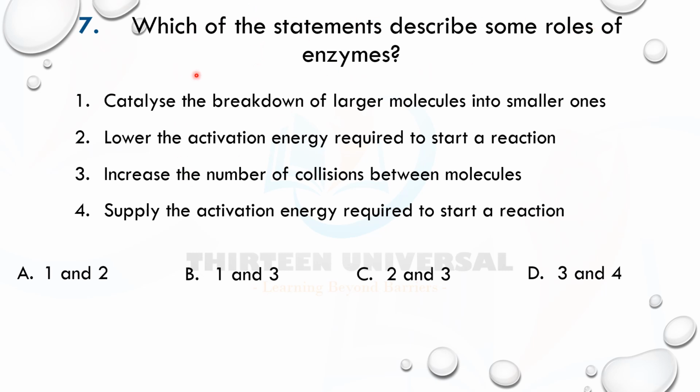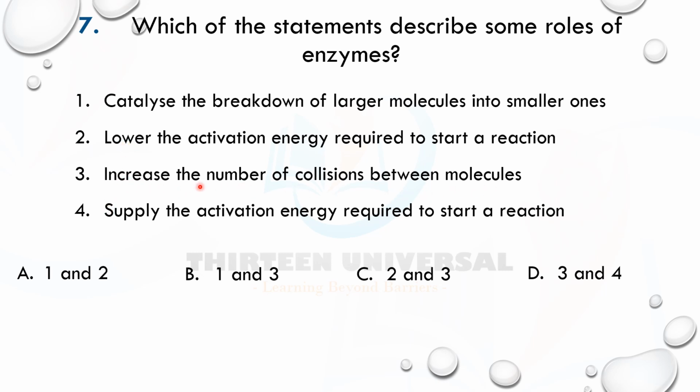Catalyze the breakdown of larger molecules into smaller. Yes, enzymes can do this. They can break down large molecules during hydrolysis reaction. Number 2 says lowers the activation energy required to start a reaction. Yes, they lower activation energy. That's their function. This is how they increase rate of reaction. 3 says increase number of collisions between molecules.